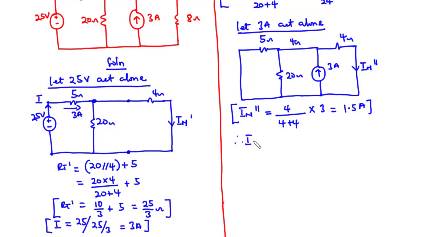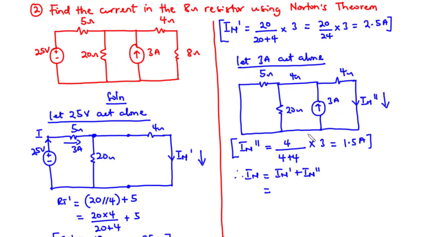Therefore IN is equal to IN prime plus IN prime prime. Now note the directions. We have IN prime moving downwards. We also have IN prime prime also moving downwards. So they are all going to be positive. So we have IN prime to be 2.5, and then IN prime prime also to be 1.5.